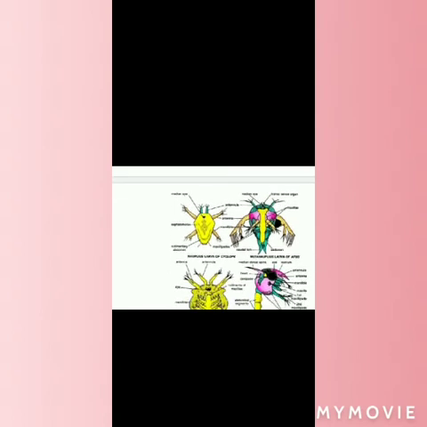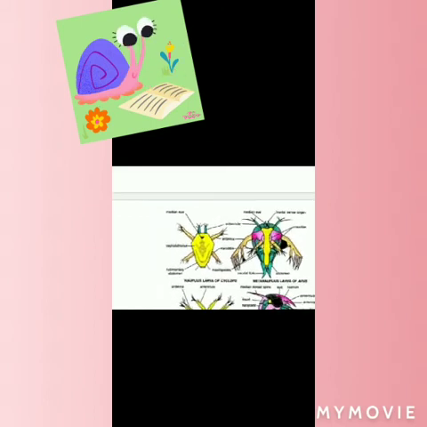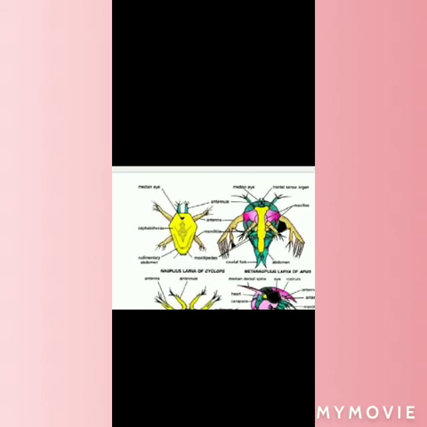So see the structure. This left one is nauplius larva and the right one represents the metanauplius larva. See here. And the basic important point, they use the median eye, which is the most important typical character of nauplius and metanauplius larva.